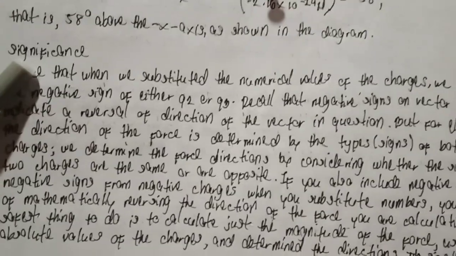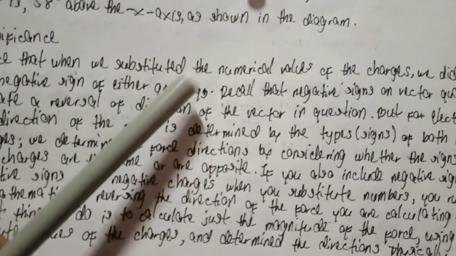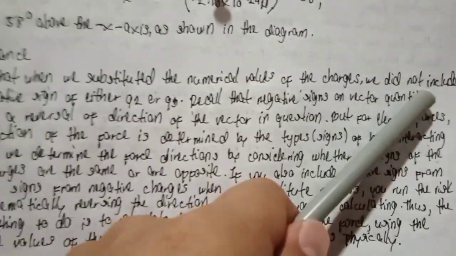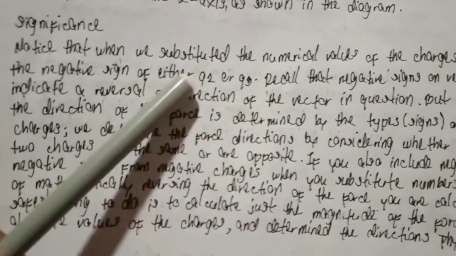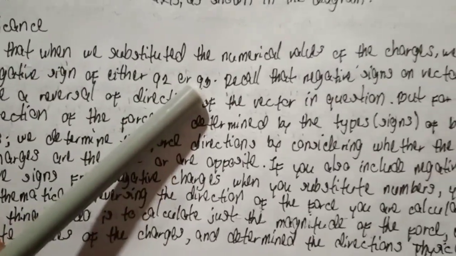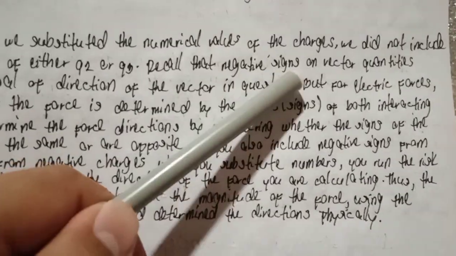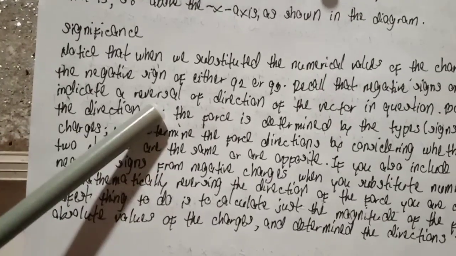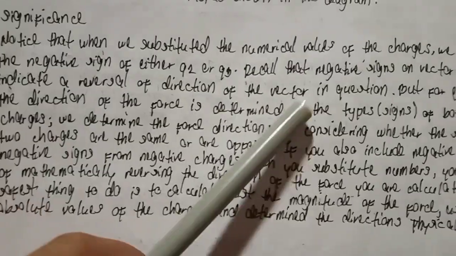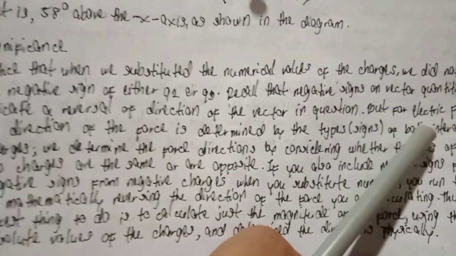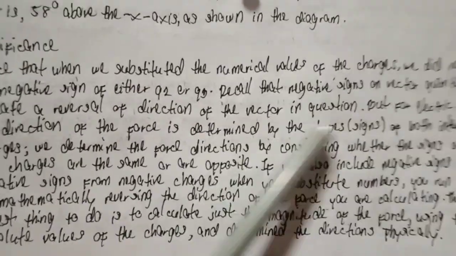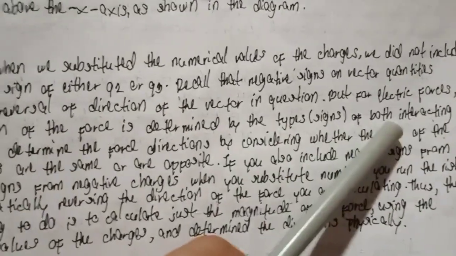Significance: notice that when we substituted the numerical values of the charges, we did not include the negative sign of either Q sub 2 or Q sub 3. Recall that negative signs on vector quantities indicate a reversal of direction of the vector in question, but for electric forces, the direction of the force is determined by the types or signs of both interacting charges.